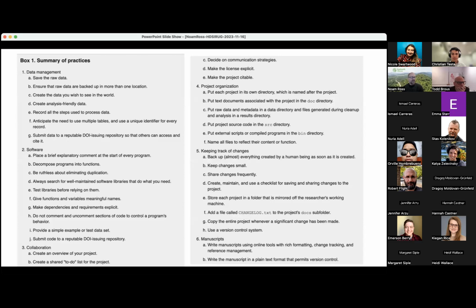And within the context of software and this context of computer code being used for scientific research, that reproducible is the really big part.